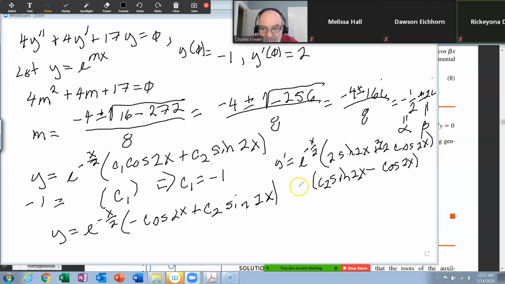When you take the derivative of e to the minus x over 2, you get a minus 1/2 e to the minus x over 2. That's an x there, and that's a 2 down there. Okay, that's what we've got.